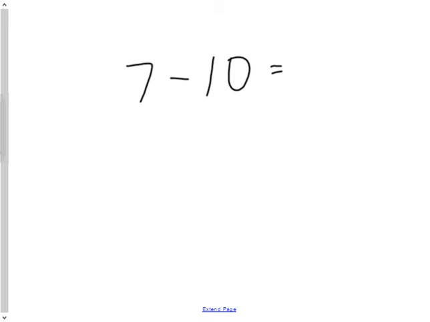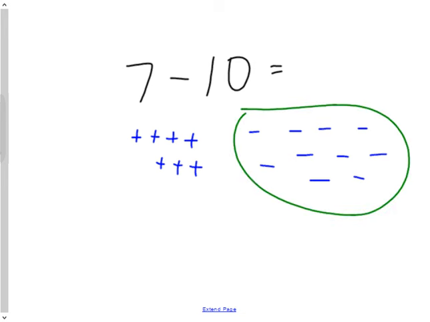7 minus 10 is, well, think of it this way. 7 little positive signs, and 10 negative signs. If they go out onto the field together and they have a big battle, there's more negatives, so they're going to win.